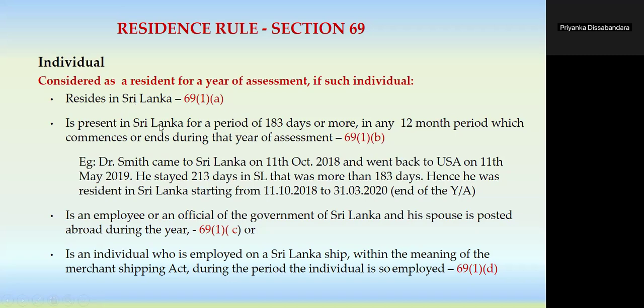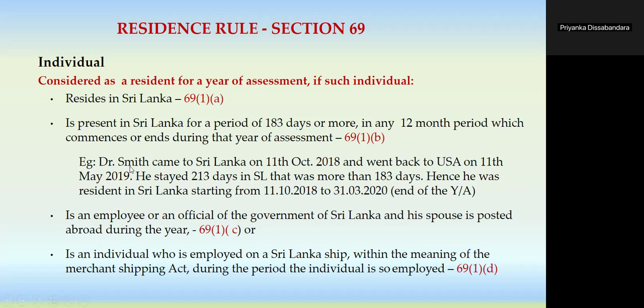The next provision is provided under section 69 subsection 1 paragraph B. We call it a quantitative test. Quantitative test means we determine it based on the physical presence, the number of days of physical presence in Sri Lanka.